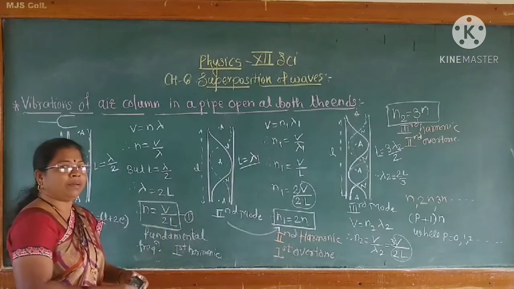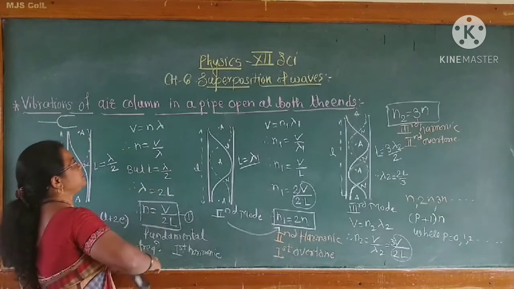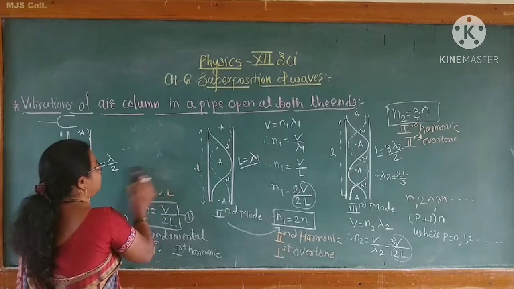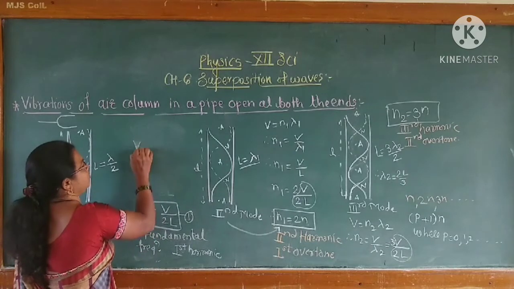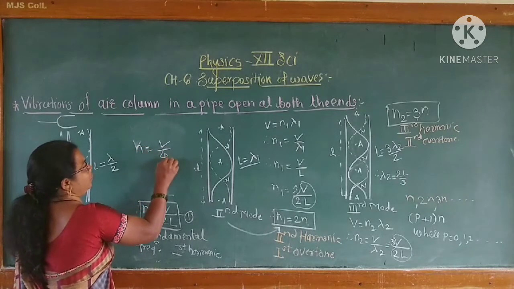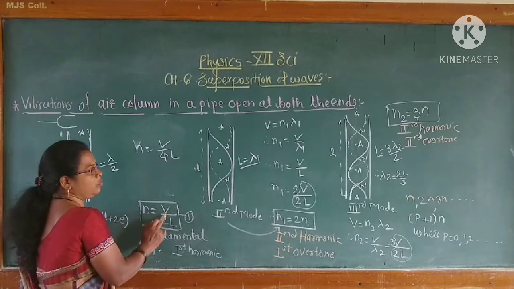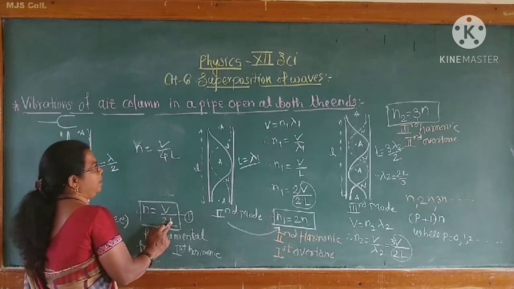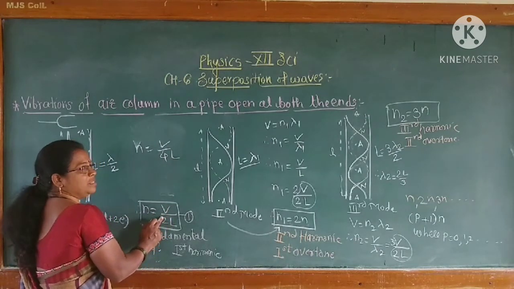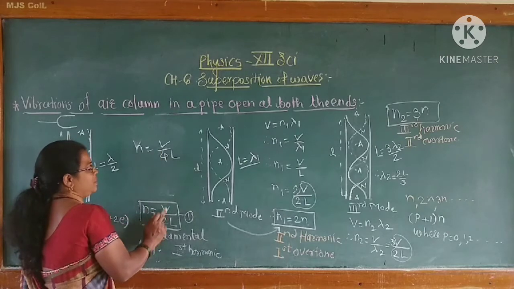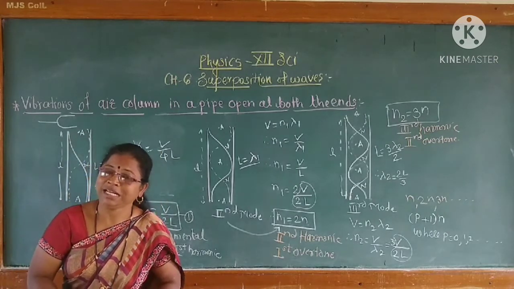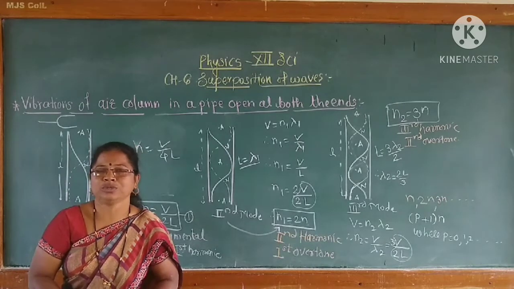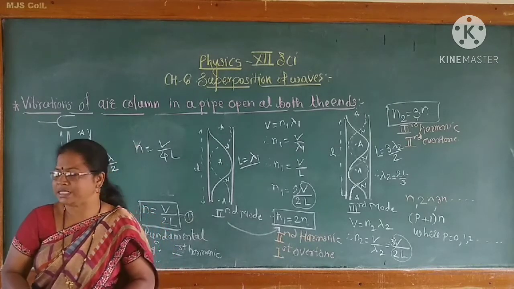In the closed pipe we had seen n is equal to v upon 4L, and in this case n is equal to v upon twice L. So this is twice the frequency of the pipe closed at one end. Okay, so this is more precious.